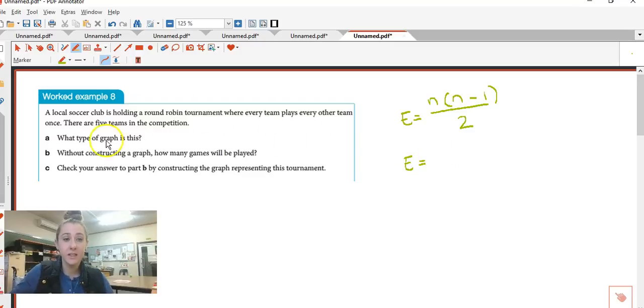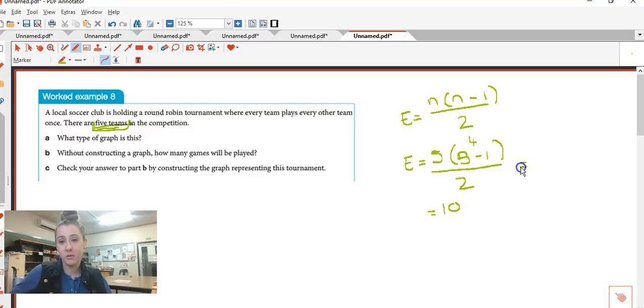So I'm just going to plug in the information. We know that there are 5 teams, so there's going to be 5 vertices. So it'll be 5 multiplied by 5 minus 1, all over 2. Awesome. So we just work that through. 5 minus 1 gives us 4. 5 times 4 is 20. 20 divided by 2 gives us 10.